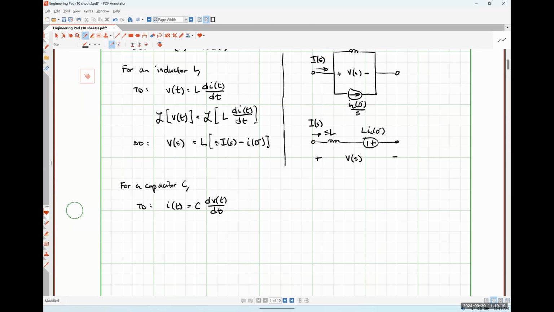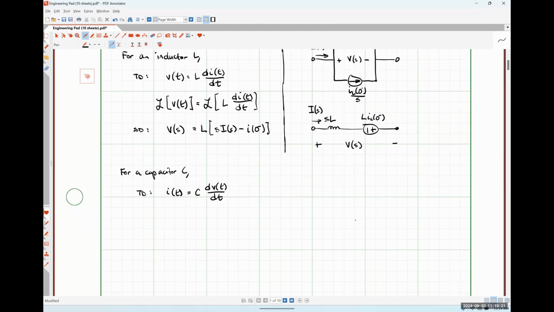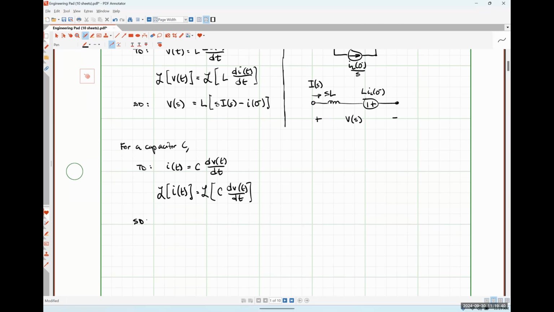And so taking the Laplace transform of both sides, we have L of I of t is going to be equal to the Laplace transform of C dV by dt. And so in the S domain, this is going to look like I of S is equal to C times S V of S minus V at 0 minus.